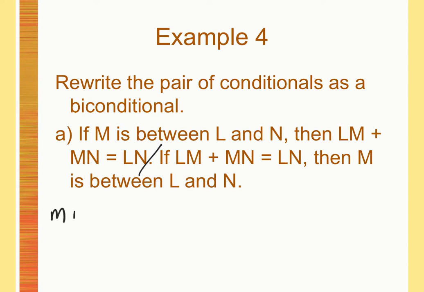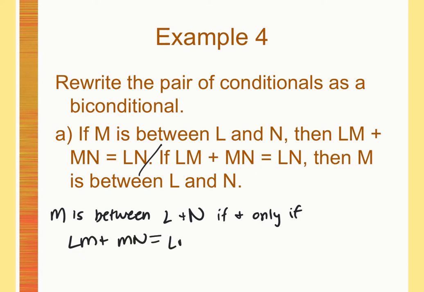M is between L and N if and only if LM plus MN equals LN. Perfect. Or LM plus MN equals LN if and only if M is between L and N.